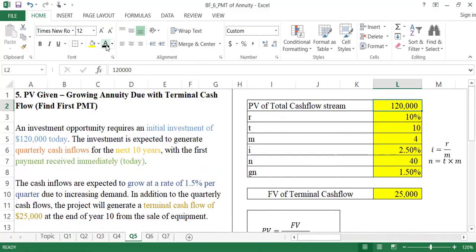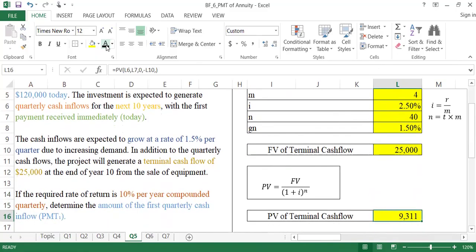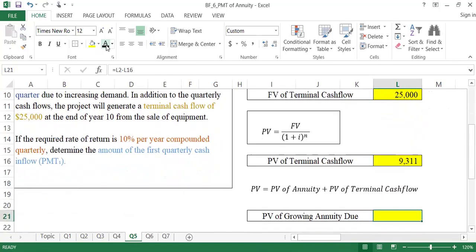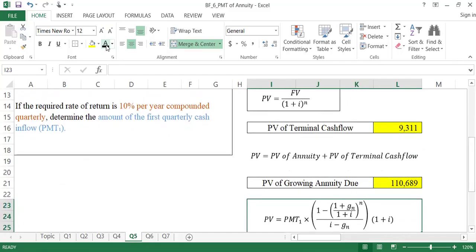We know the total PV of the cash flow stream is 120,000, of which 9,311 comes from the terminal cash flow. This means the present value of the growing annuity due is 120,000 minus 9,311, or 110,689.